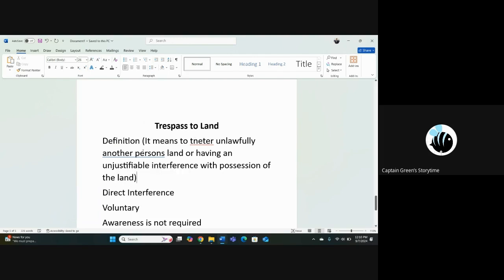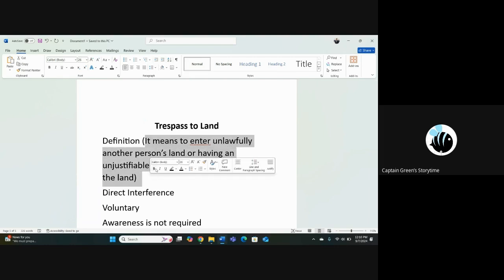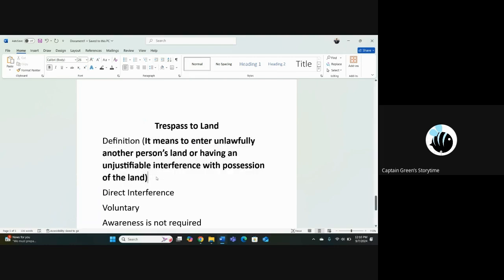This is a simple definition of what is meant by trespass to land. In simple terms, it means when you enter someone's land unlawfully and make any unjustifiable interference with anything or any possession of the land.